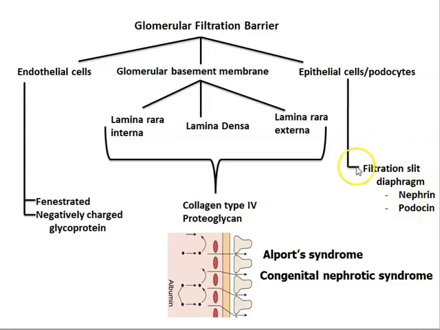And again, with reference to that, we have discussed congenital nephrotic syndrome, a disease where there are mutations in the genes that produce either nephrin or podocin. So there will be a defect in the filtration slit diaphragm, and this child will be born with a high amount of protein in the urine, which is proteinuria, as well as hematuria, edema, and kidney failure.